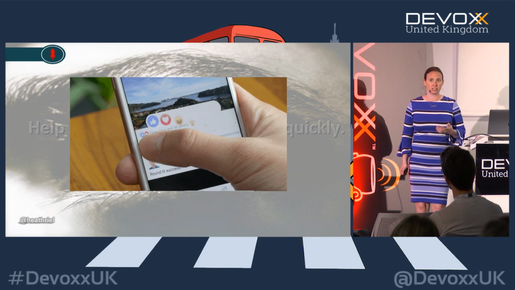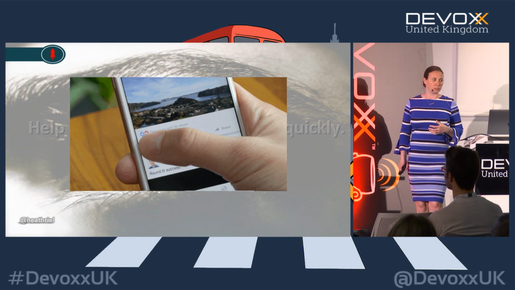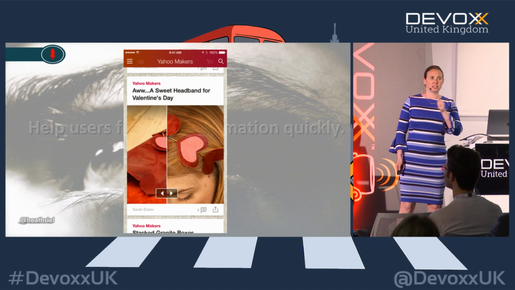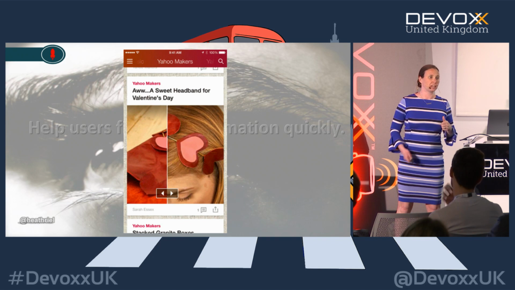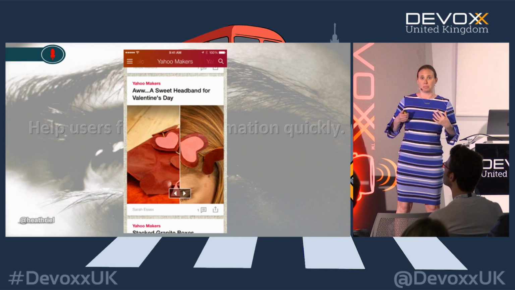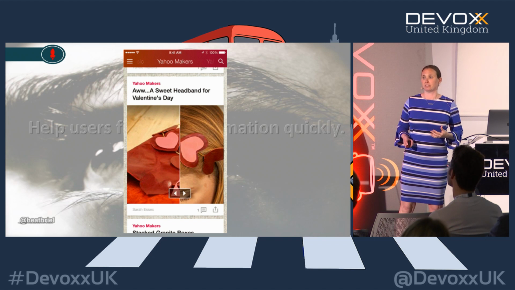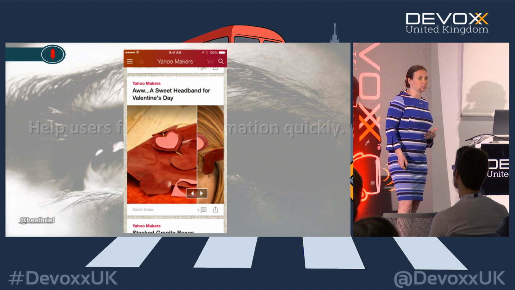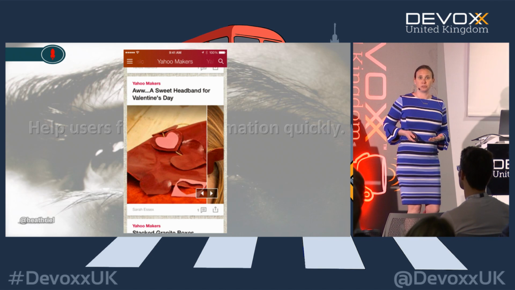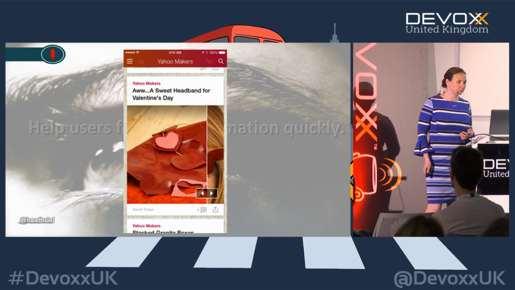So anything you can do like that makes people happier. Things like swiping left and right allow people to have a better user experience without having to click on a different screen, especially on the mobile app. These are things that surprise and delight users.